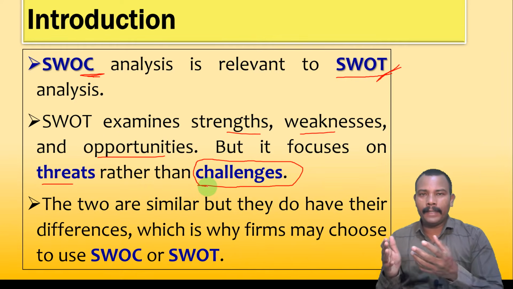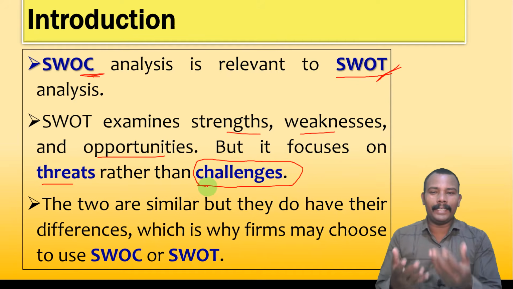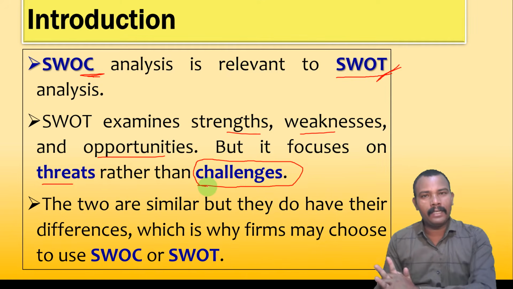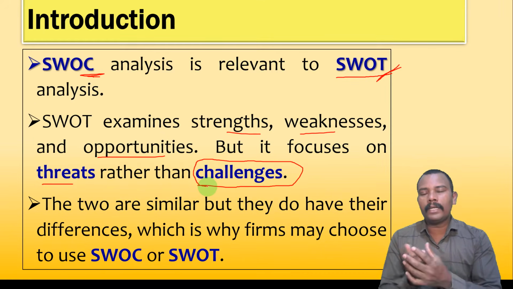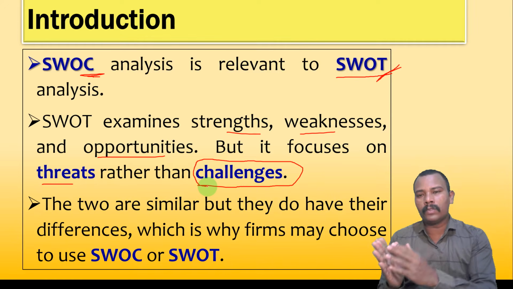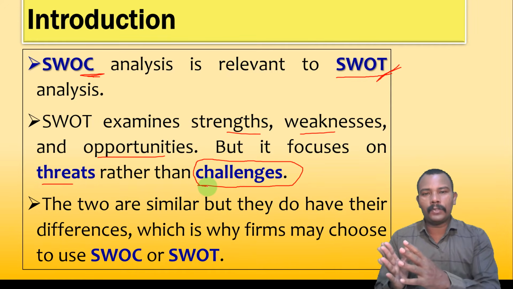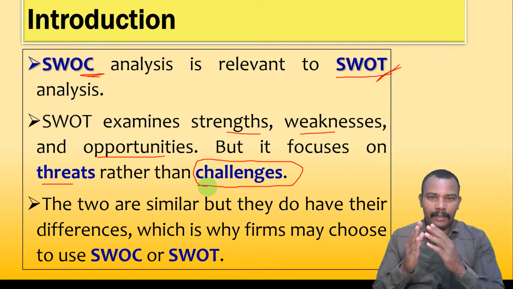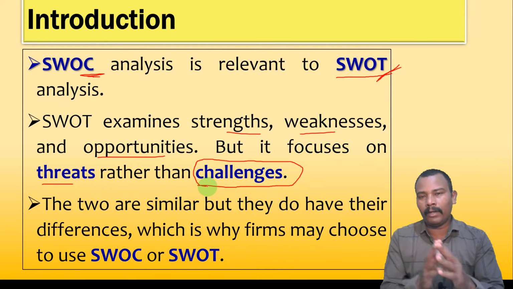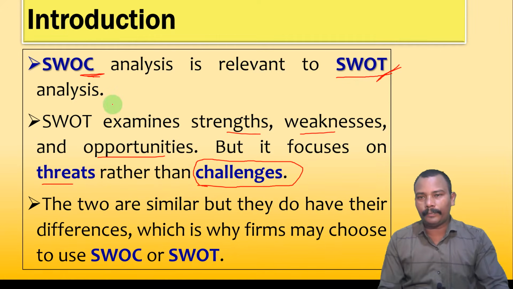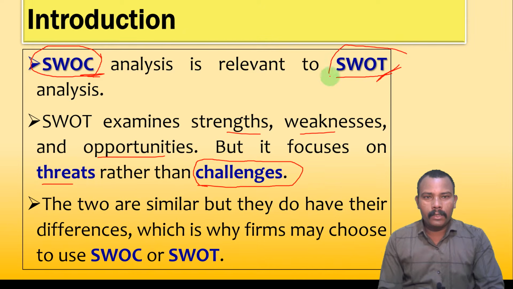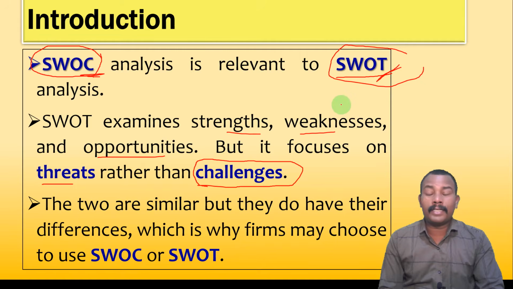Threats can be taken as the challenges, so you can find different solutions for whatever threats you have, and that is why you can consider these the challenges in the field or before the organization. Now you need to understand what is SWOC and what is SWOT. SWOC analysis is strengths, weaknesses, opportunities and challenges, and here strengths, weaknesses, opportunities and threats.